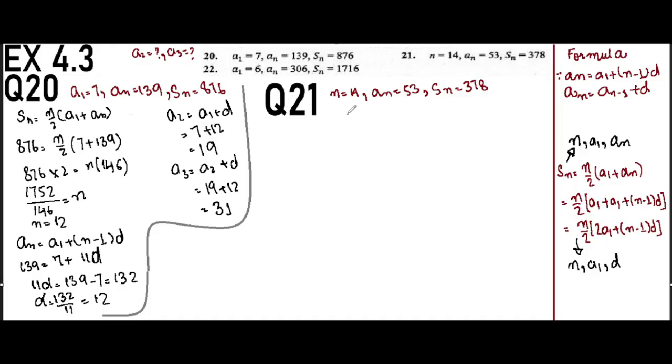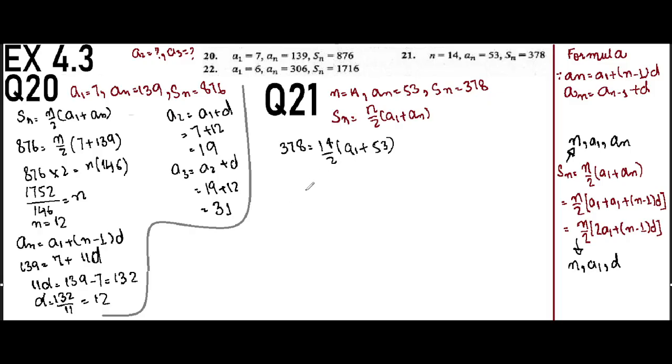So we have Sn is equals to n by 2 into a1 plus an. Now let's place the values. Sn is 378 is equals to n is 14 by 2 into a1 is not known plus an is 53.